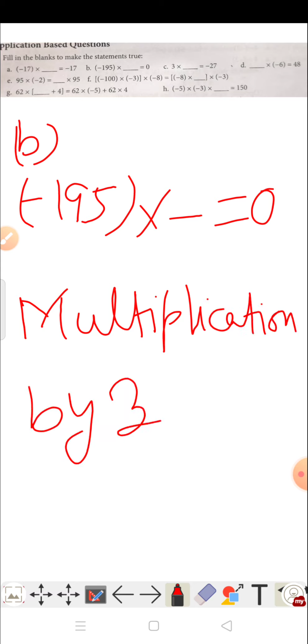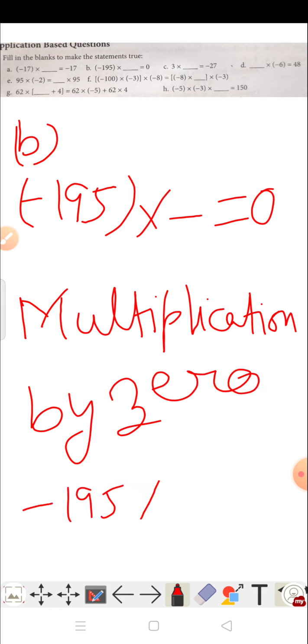If we multiply any integer by 0, then the resultant will become 0. So what do we put in the blank? We have to put 0 in this. So the answer of B part is 0.